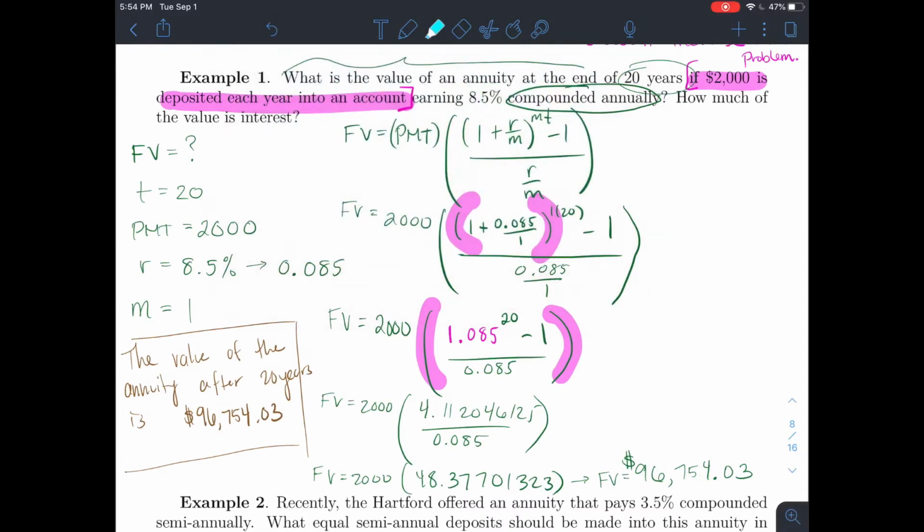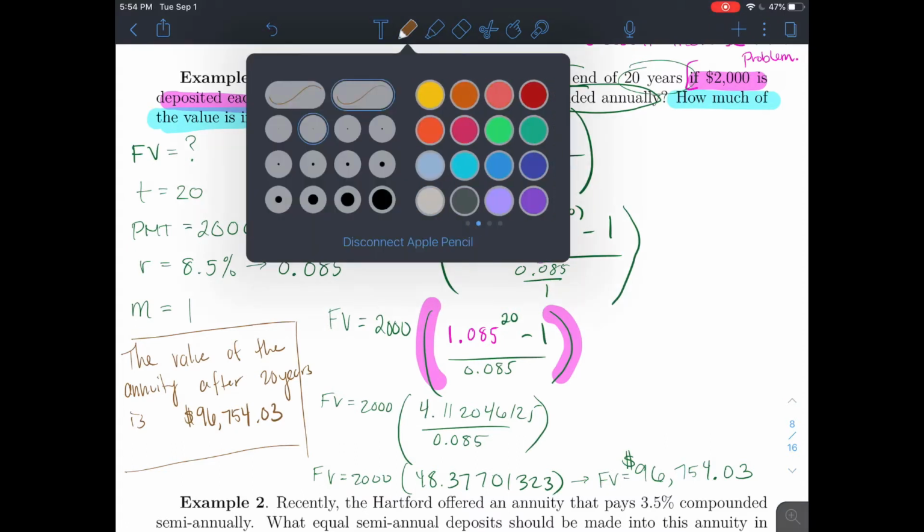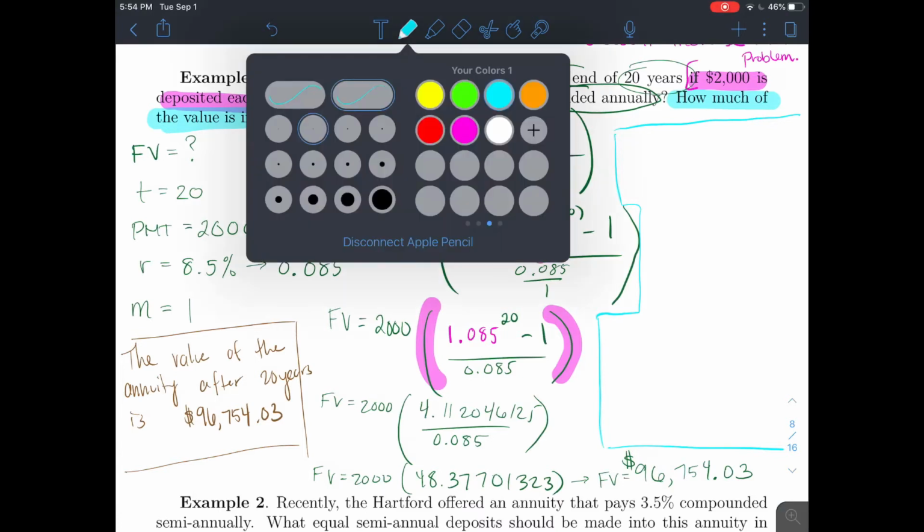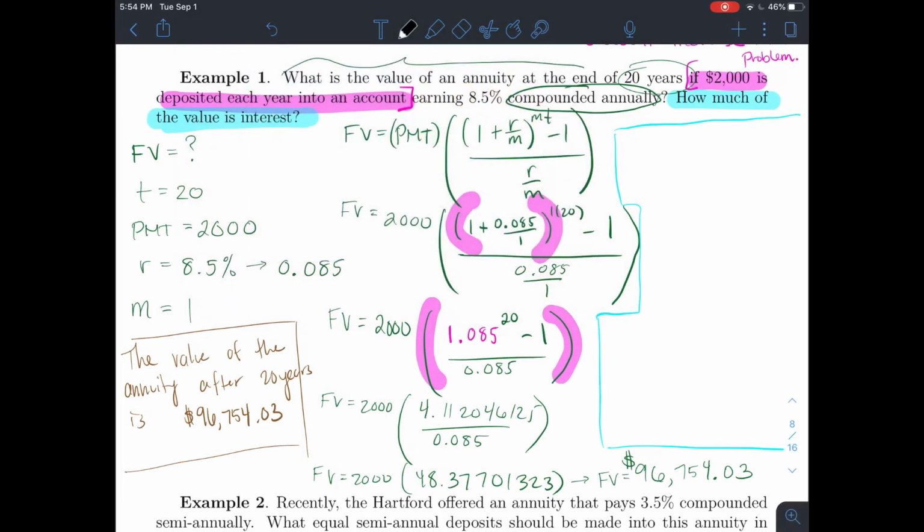Okay, so the second part of this question is saying, hey, how much of this value that we found is interest? Well, if we did not trust the banks, so let's say we are not a bank person, we don't want to deposit our money into the bank, then if we were storing this money in a vault in our house, we're going to be making $2,000 payments each year.